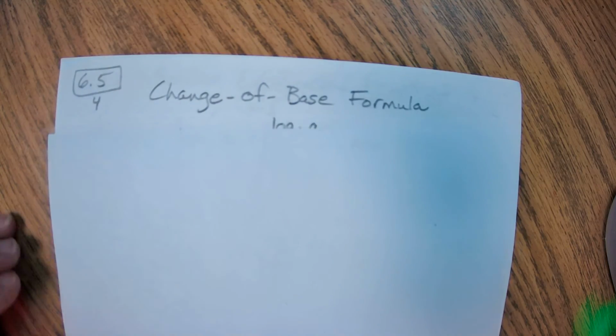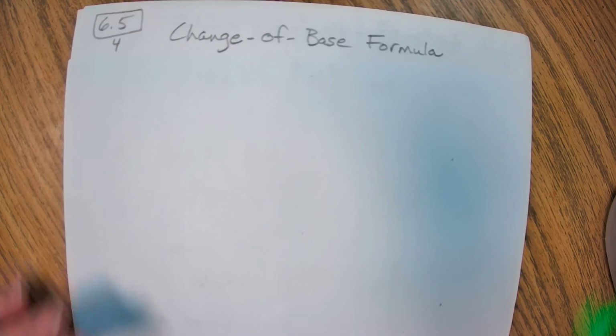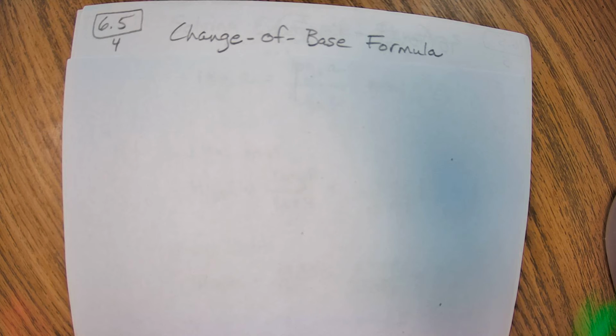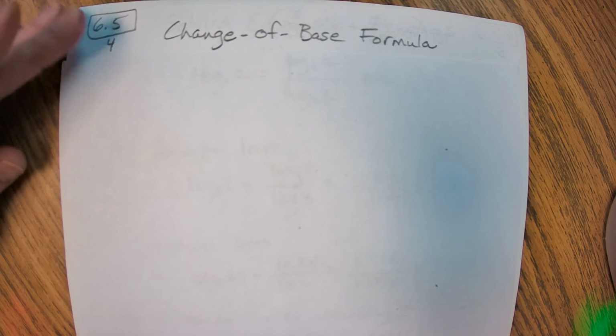Okay, so this is going to be a really important thing to know how to do if you do not have a TI-84. So if you have anything before the ones we use in class, you're going to have to know the change of base formula.